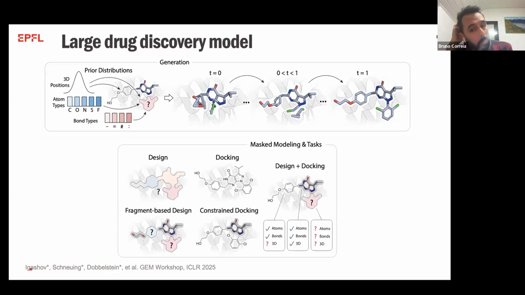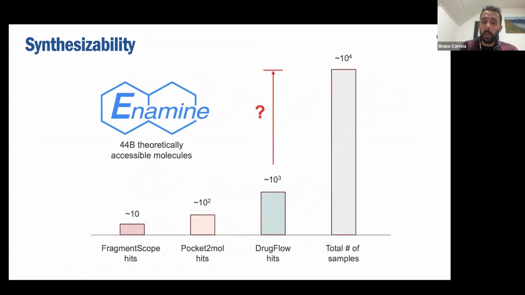They also made a number of efforts in augmenting the data set. Ultimately they ended up with a model that could be repurposed for many different types of tasks in terms of small molecules, be it design and docking, fragment-based design, and constrained docking. So it can do a number of different things. One of the problems that we face in generative tasks of small molecules is that most of the molecules we generate are just not molecules that we can either purchase, or even if we had all the chemists in the world, synthesize, because the chemistry becomes too complicated.